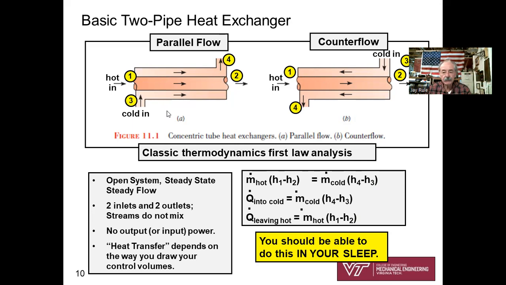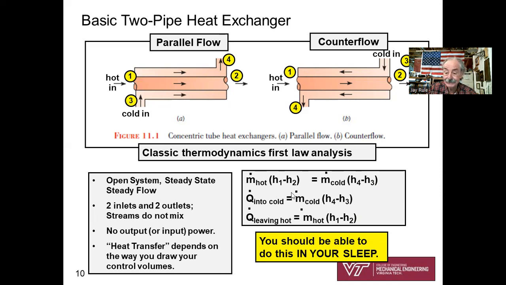Do you see that there'd be no heat transfer either? You'd simply have two inlets and two outlets, no heat transfer, no work. However, if you drew your control surface around only the tube side, do you see that you would have heat transfer from the hot fluid into the cold fluid?